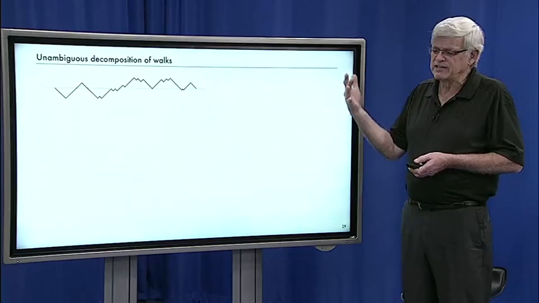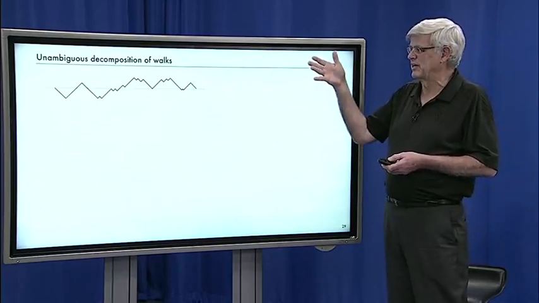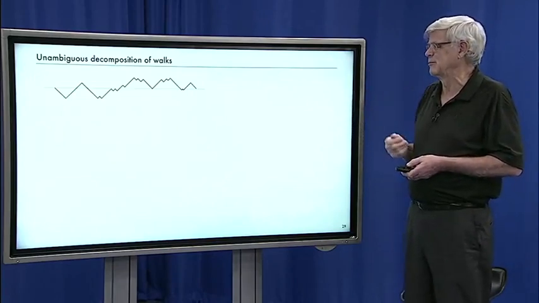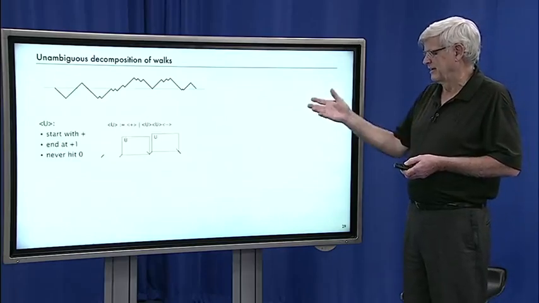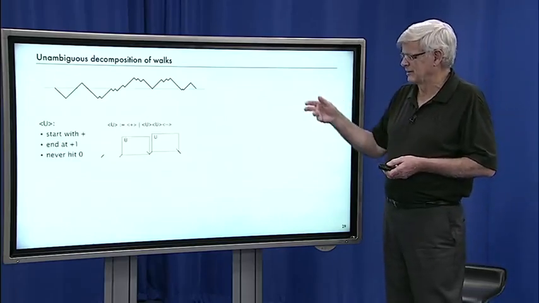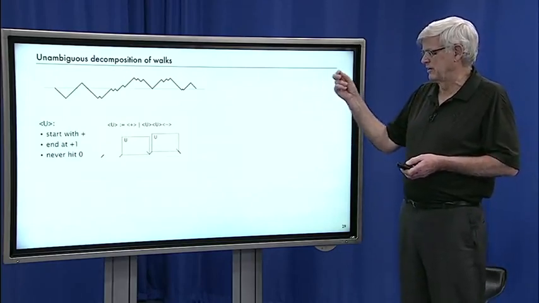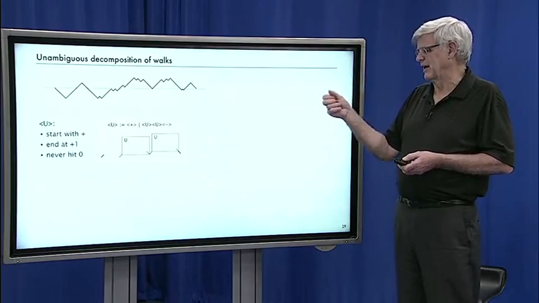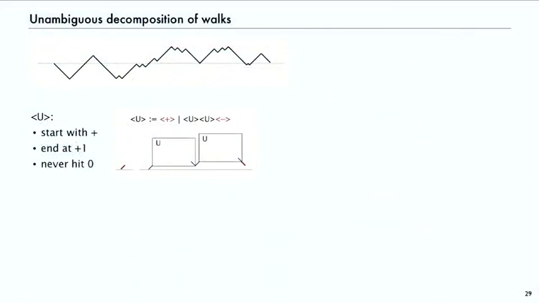And so the key to studying random walks in this context is to come up with an unambiguous way to decompose them. So that's a typical walk. And here's one way to come up with an unambiguous decomposition. First one is to consider the class U, where the walk always stays above the line. Always got more pluses than minuses.